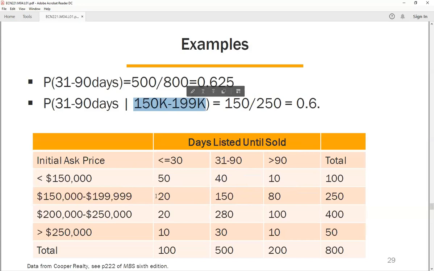So what am I looking at there? I'm looking at this group here. It's the 20 plus 150 plus 80 equals this total over here of 250, and that's where this 250 in this equation is coming from. So take the 150 and divide it by 250 and I get 0.6. Again, if you prefer, you can go through the steps of dividing the numerator by 800, dividing the denominator by 800, and then dividing the numerator by the denominator to get the 0.6 as well.